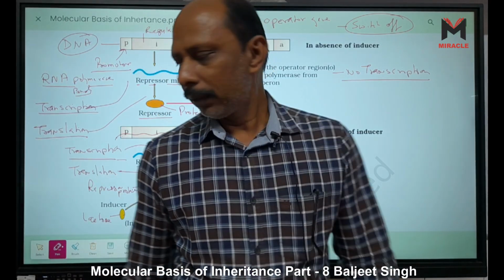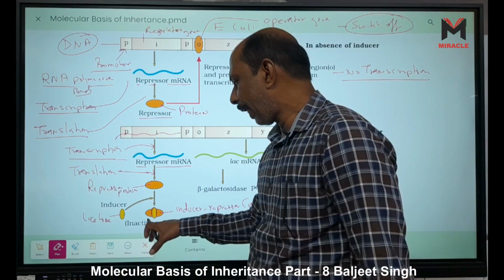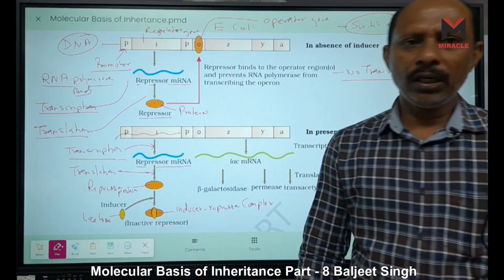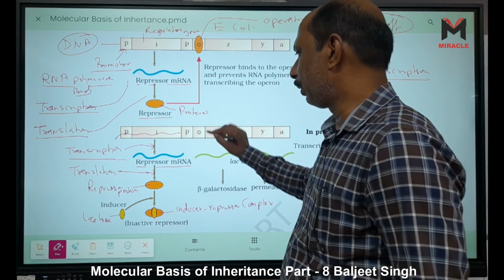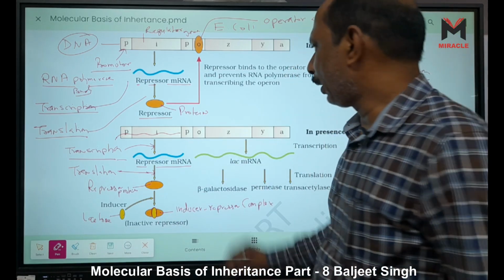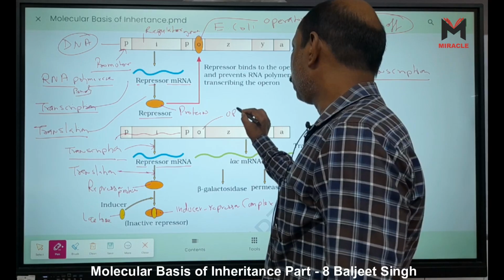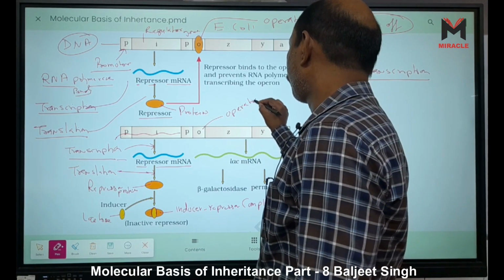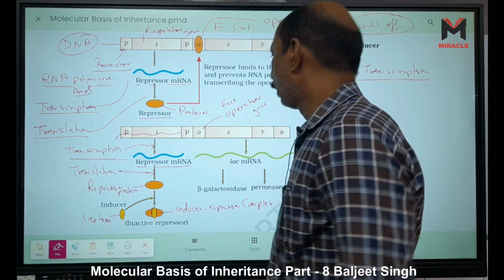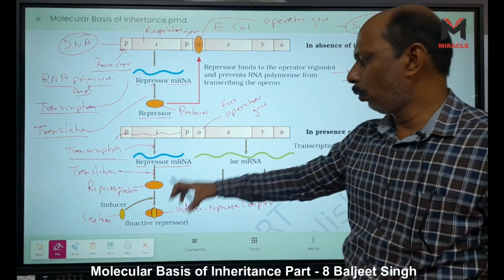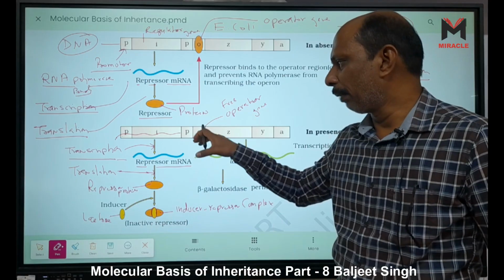Now it becomes inactive, because all the active sites of this protein are totally filled up with lactose sugar. Then it is unable to bind with the operator gene, and the operator gene is free, because no repressor protein binds with it.